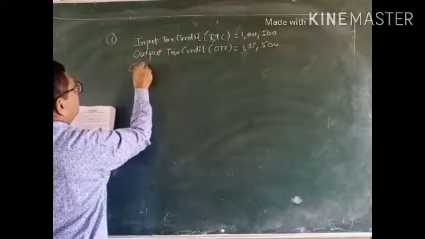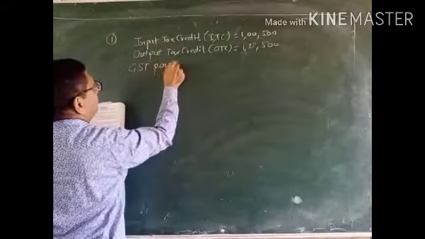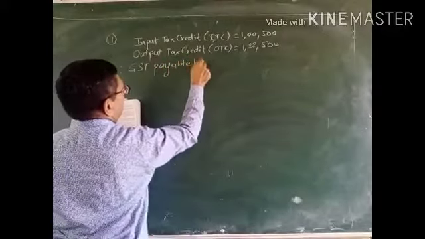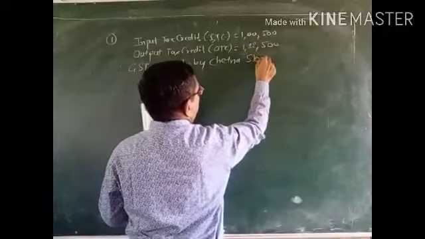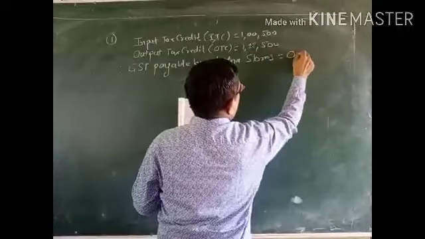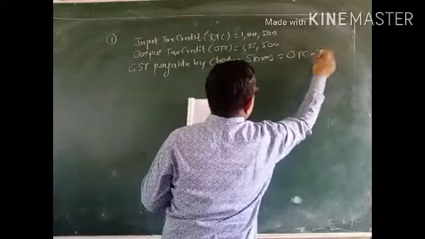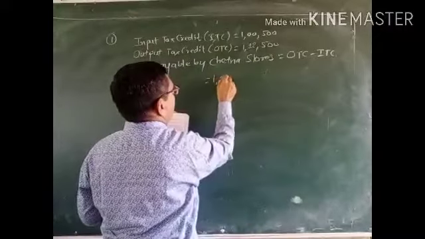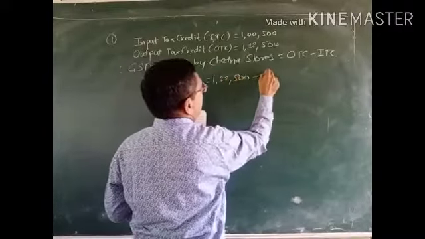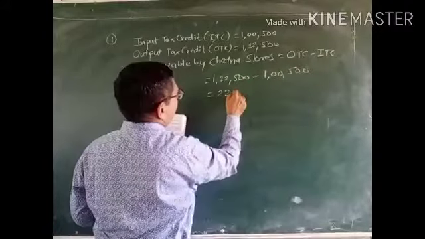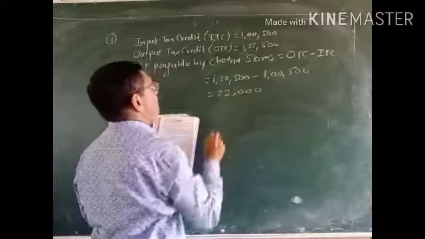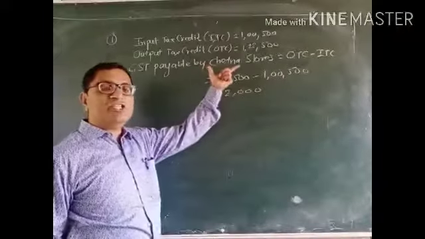Therefore, GST payable by Chetna stores is equal to OTC minus ITC, is equal to 1,22,500 minus 1,500, that is 22,000 rupees. This amount is to be paid by Chetna stores.